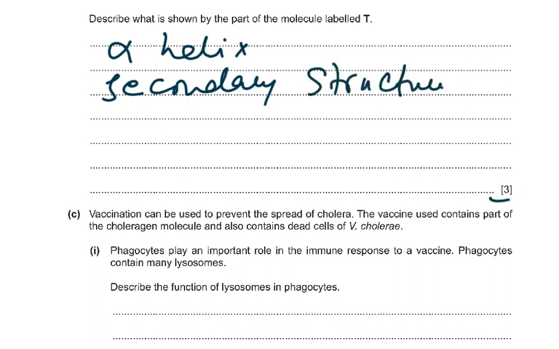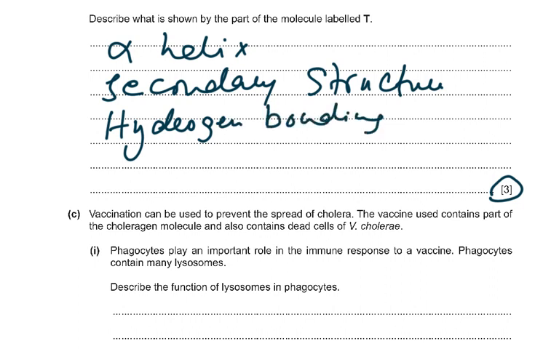So look at the marks, 3 marks. Then the hydrogen bonding, which is what causes the alpha helix in the secondary structure. And for further detail, it is between the NH and the CO of the fourth amino acid ahead.